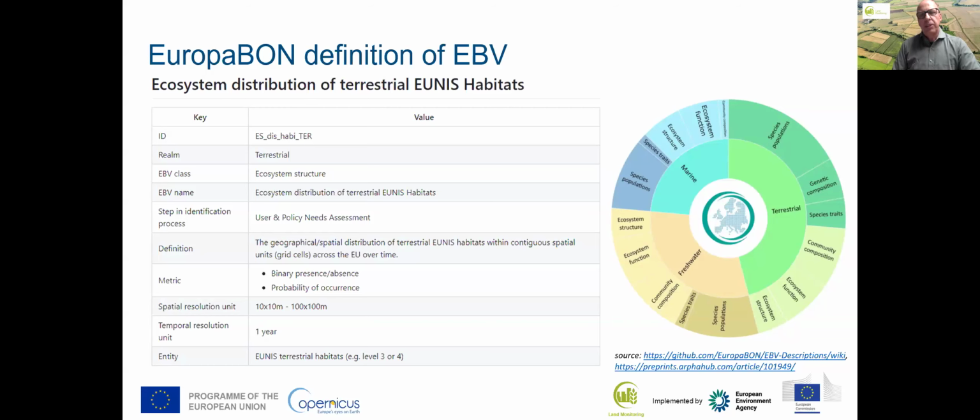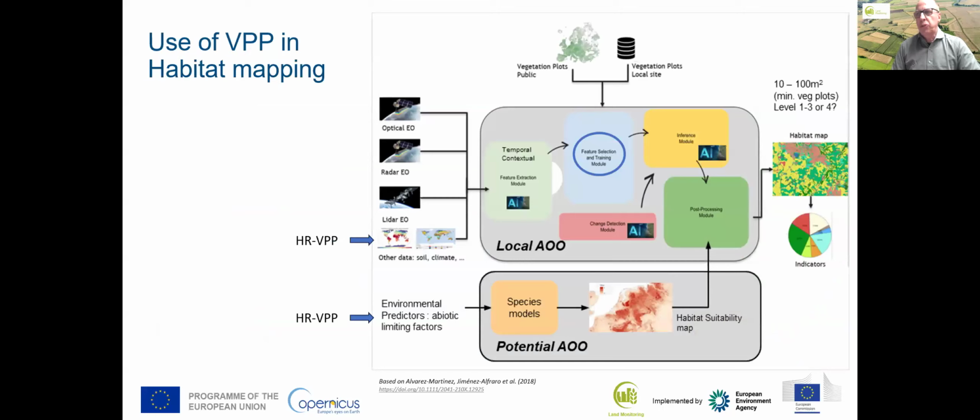Based on that, a number of studies have been conducted to use HR-VPP for habitat mapping. At the bottom part of the image, you see how habitats were typically mapped, where an area is suitable to provide a certain habitat.